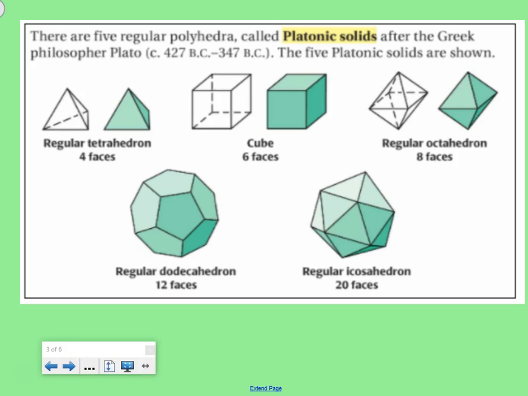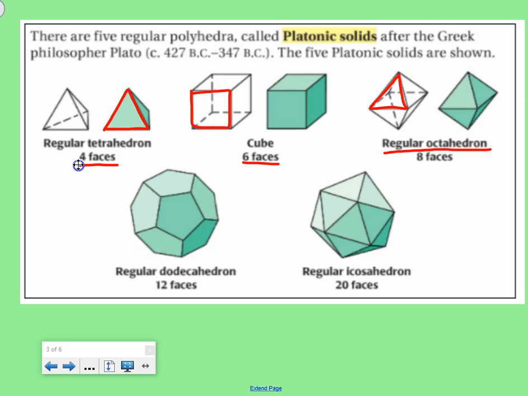To talk a little more about regular polyhedra, there are 5 regular polyhedra. They're called Platonic solids after the Greek philosopher Plato. The 5 Platonic solids are shown. We have a regular tetrahedron, which has 4 faces of congruent triangles. A cube, 6 faces of squares. A regular octahedron, which has 8 faces made up of 8 regular triangles.